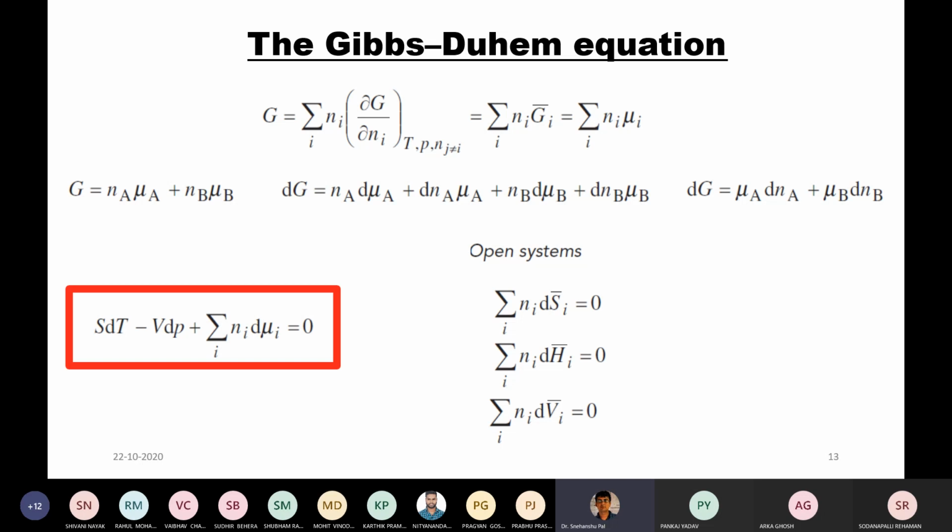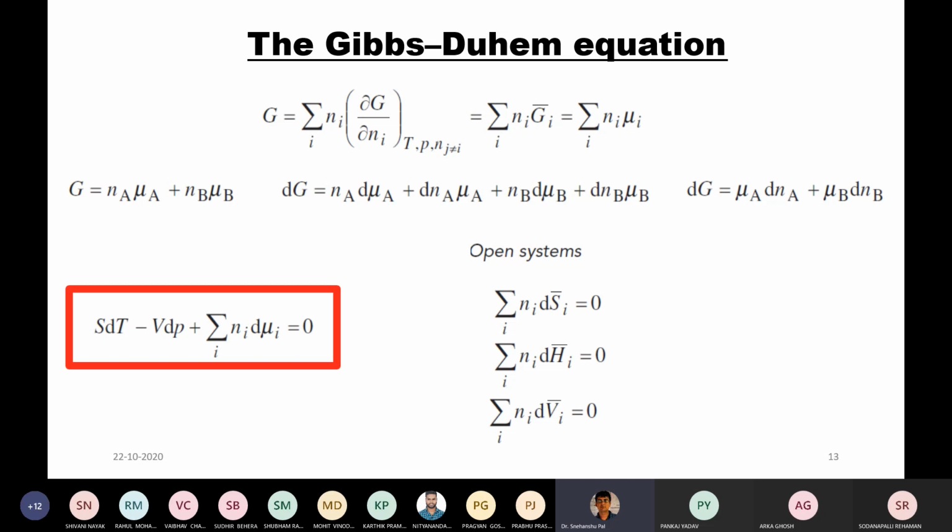If you differentiate this equation, G equals Na mu A plus Nb mu B, you will get dG equals Na d mu A plus dNa mu A, plus Nb d mu B plus dNb mu B. And if you use the concept that at constant temperature and pressure dG is also given by mu A dNa plus mu B dNb, then you can directly show that Na d mu A plus Nb d mu B equals 0.